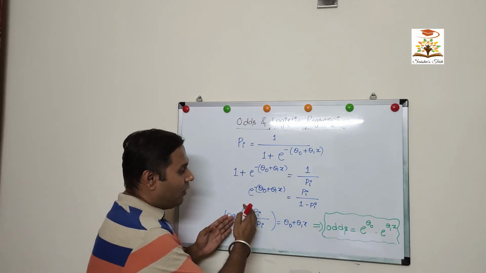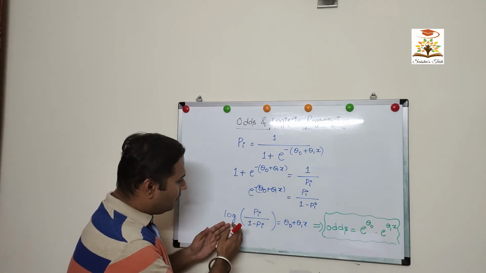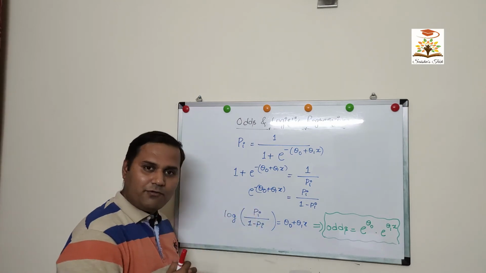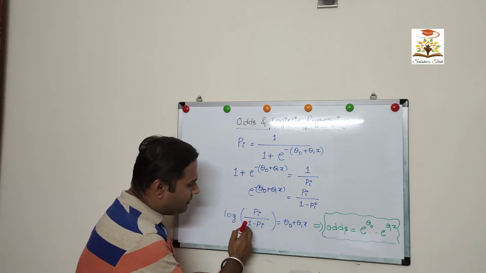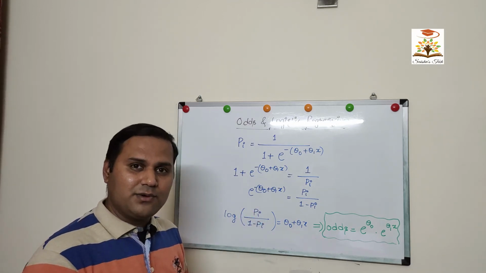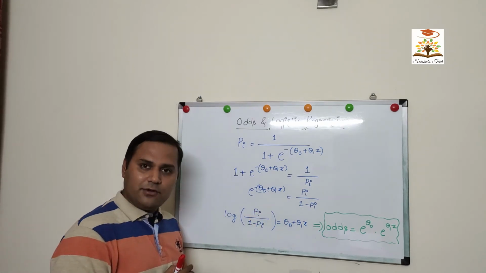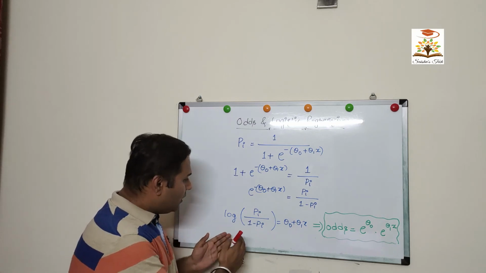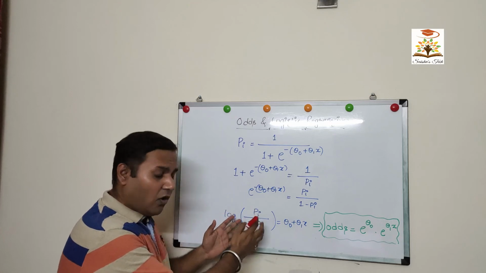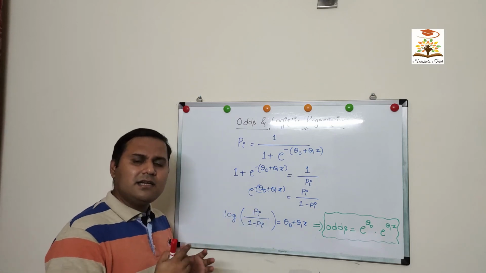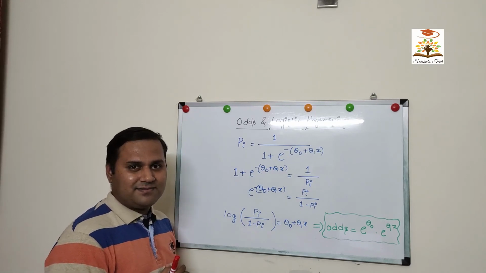Taking the logarithmic on both the sides of the equal to sign, we get log of p of I divided by 1 minus p of I. You can observe that p of I divided by 1 minus p of I is the odds ratio. That is the probability of success to the probability of failure. Now you can observe that the logarithmic of the odds ratio has a linear relationship with the input parameters.